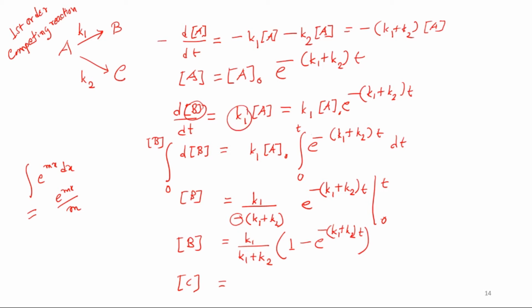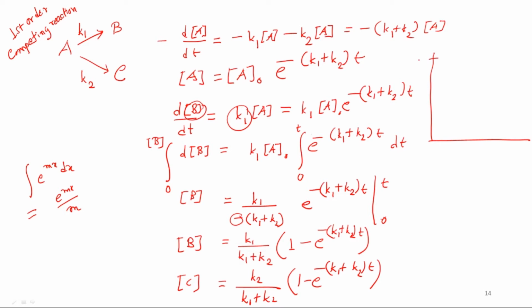So this will be nothing but K2 by (K1 plus K2) into 1 minus e to the power minus (K1 plus K2) T. So if you now plot the three terms A, B and C in the same plot, you can see that if I start with, say, A, and suppose I'm plotting A by A0, that will start from 1.